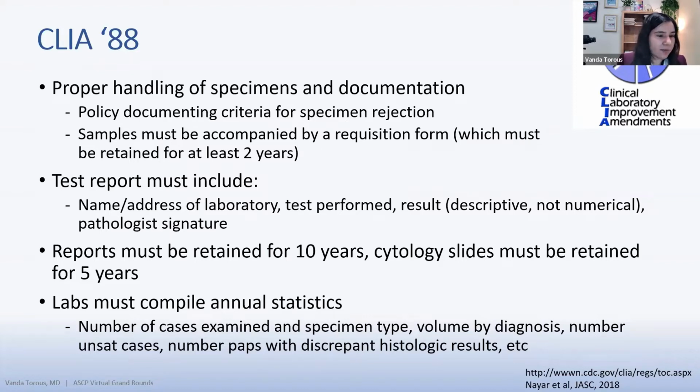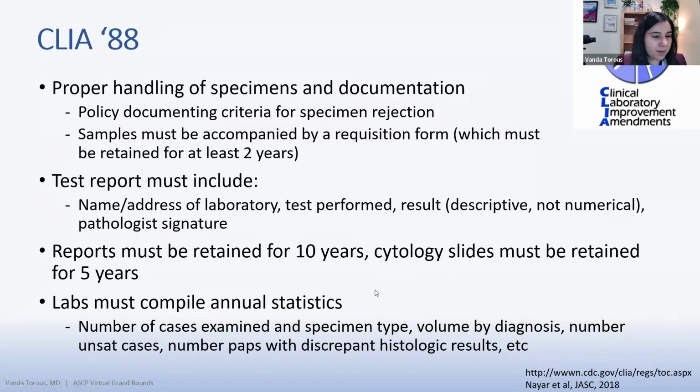Now, this also includes test reports, which have a number of things that must be included, including general things like the name and address of the laboratory, the test that's being performed, pathologist signature, and also the results have to be descriptive. It can't be numerical, so you can't just say category 3. It has to say atypical or whatever, but it can't just be a number.